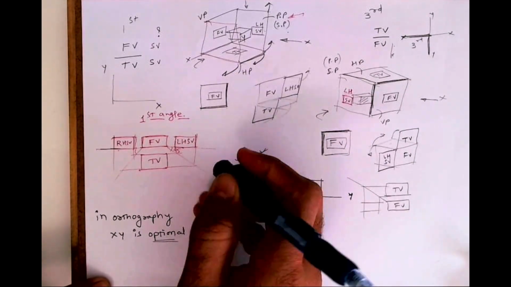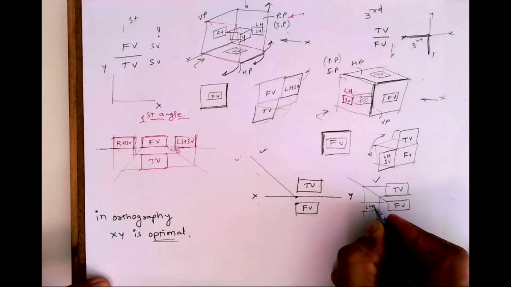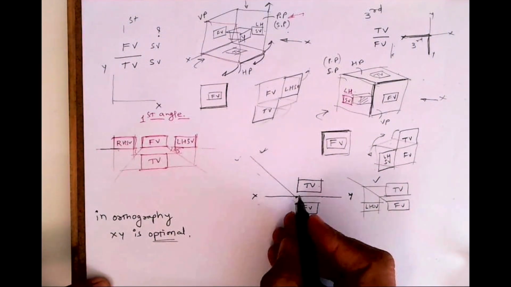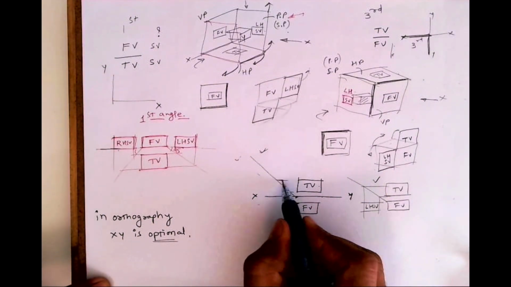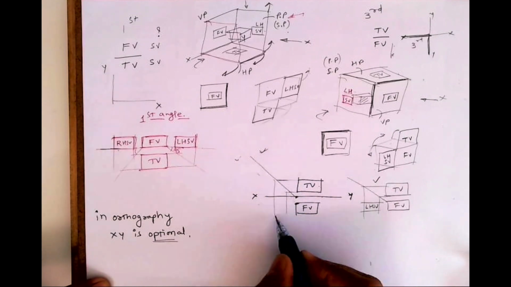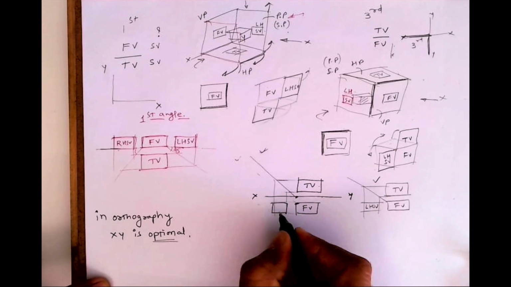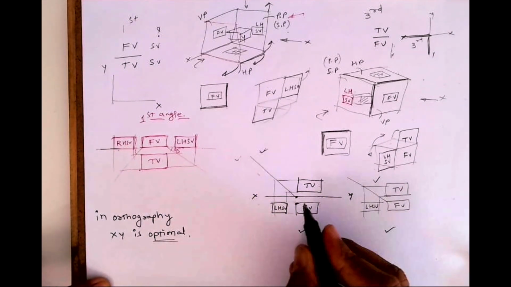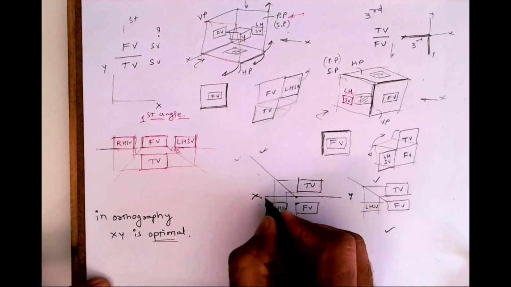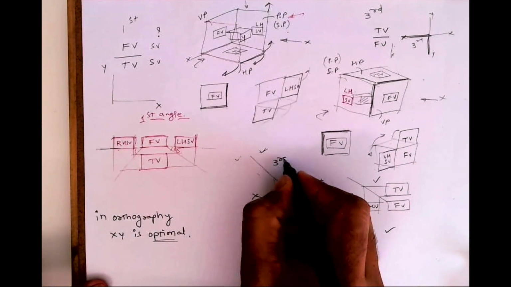So we can choose to draw directly from the front view box or from the XY line. Both are right. So this is left hand side view, which comes on the left side. So this is third quadrant.